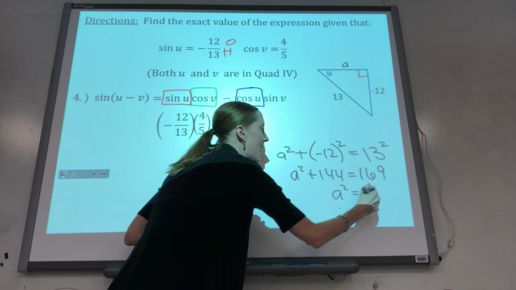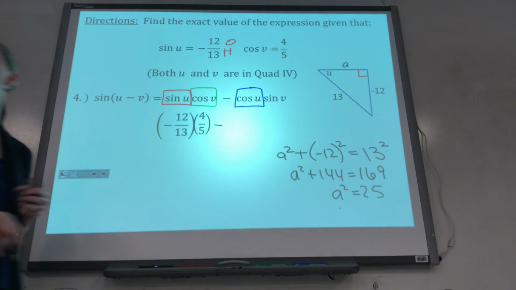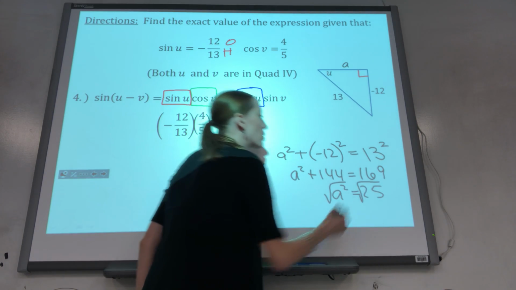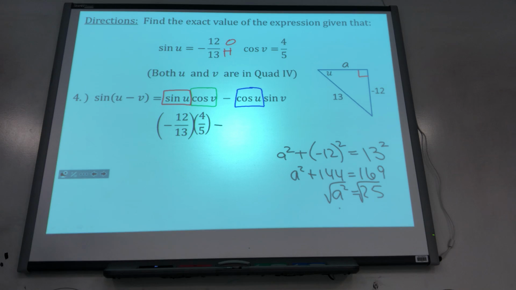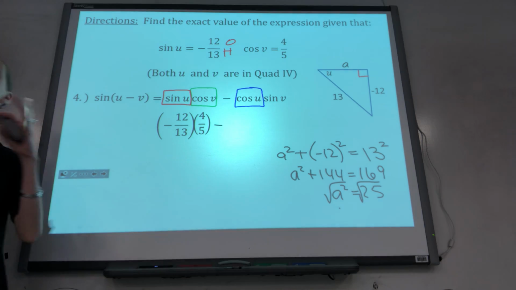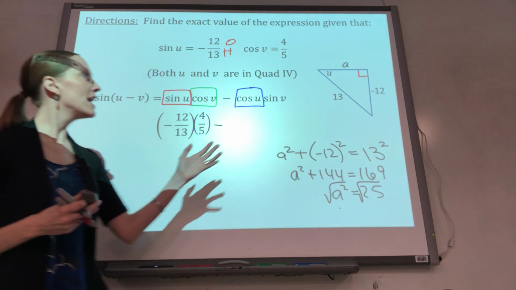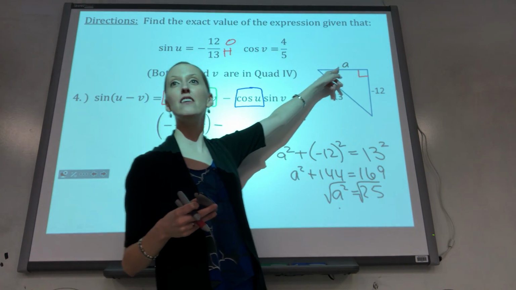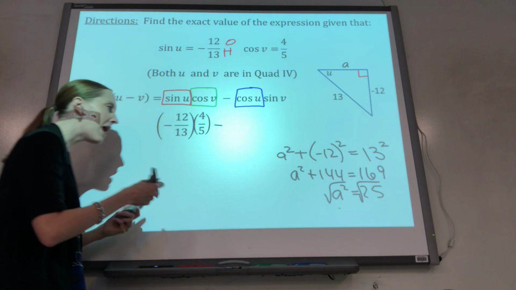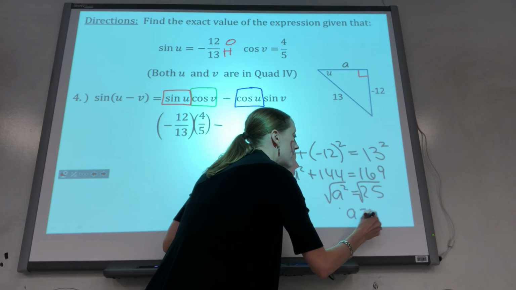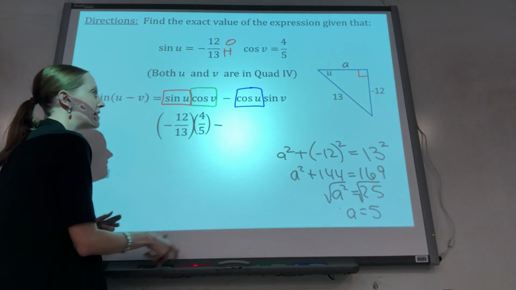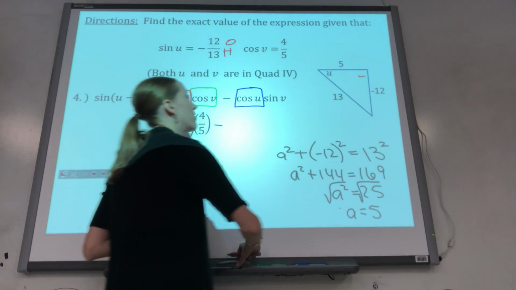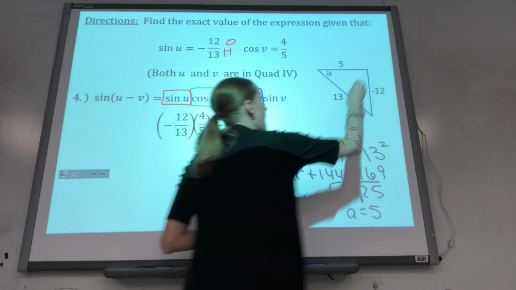If you subtract the 144, I think you'll get back a 25. Now square root, and we are going to have to pay attention to the positives and the negatives. If we are in quadrant 4, should this side be positive or negative? Positive. It's labeled on handy dandy if you can't really see that. So we need to put 5 up there. That is our missing side.